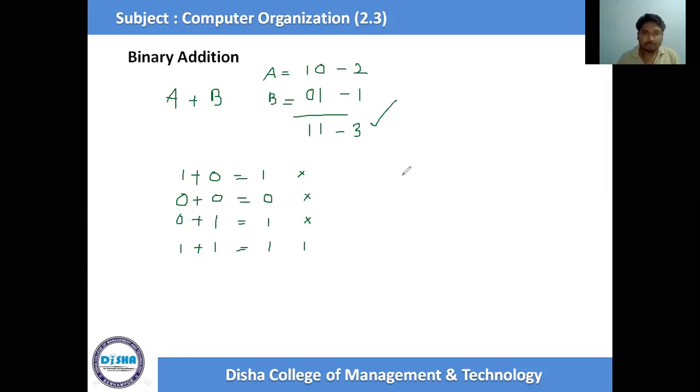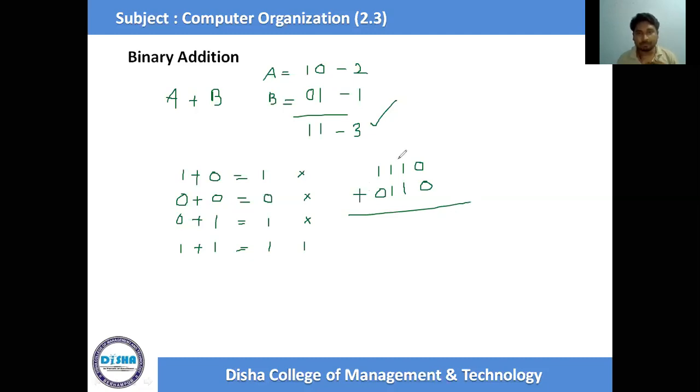Clear? Suppose I have a number, say 1 1 1 0, and another number is 1 1 0 1, and we have to add these two numbers.